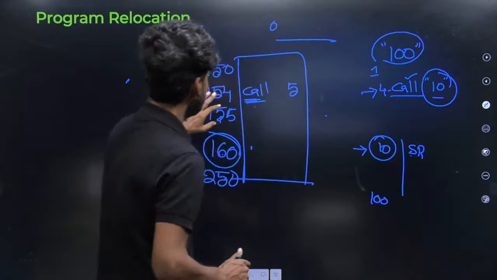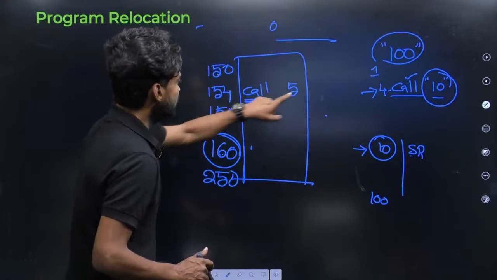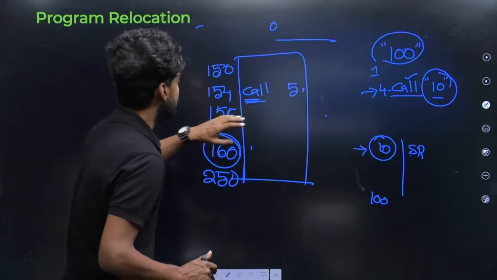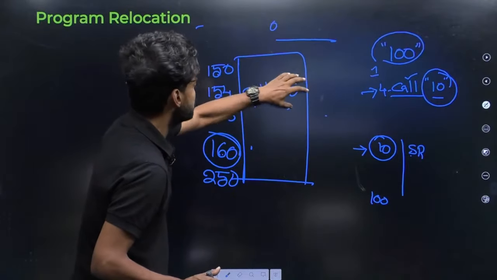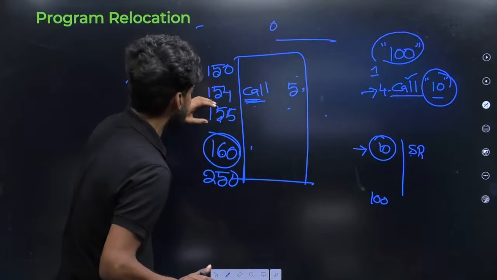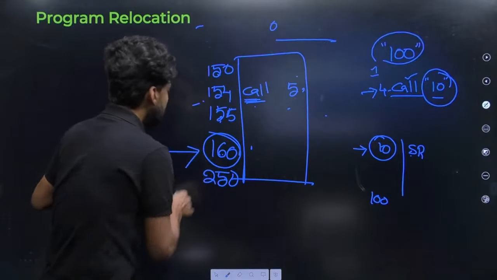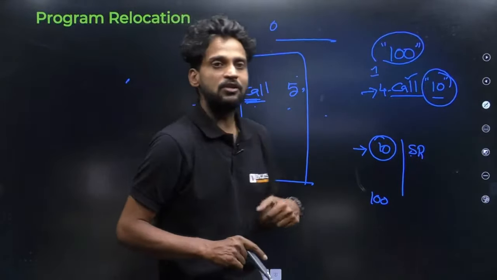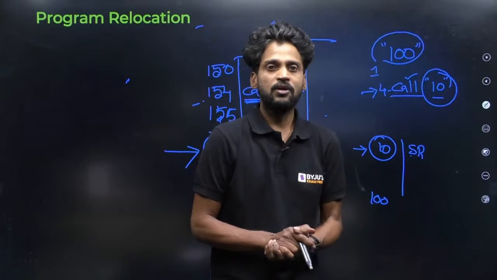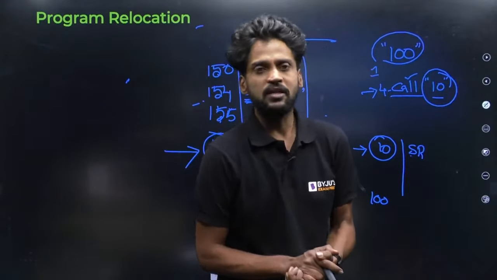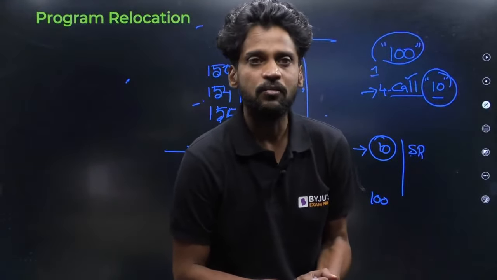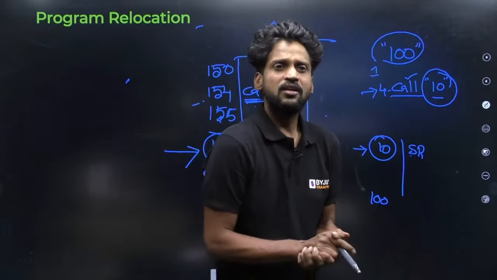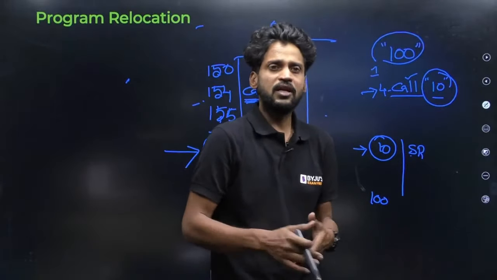So I add the value specified in the instruction to the program counter, and we will reach the specific address where we need to branch. I hope you got the point. Then 10 minus 1 is 9, and 159 minus 150 is equal to 9. Okay, fine.